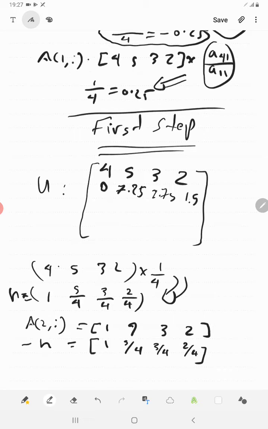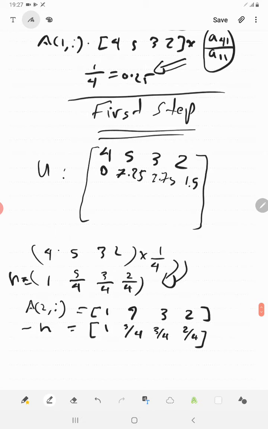So that's the first step. The same we do for the other rows. We get a 0 here, and x, x, x here, so 0, x, x, x.